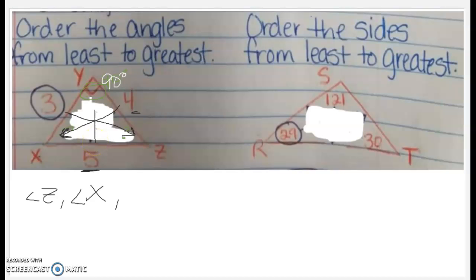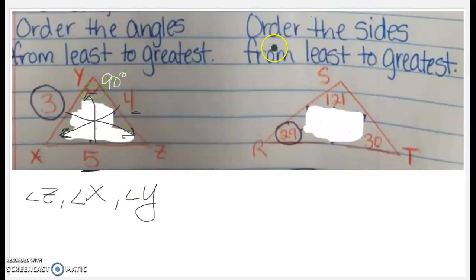That means directly across from it is angle Y. And it's 90 degrees, and I do know these other two are acute. So the order of my angles from least to greatest would start with the shortest side and the angle directly across from it. So ZXY orders my angles from least to greatest.